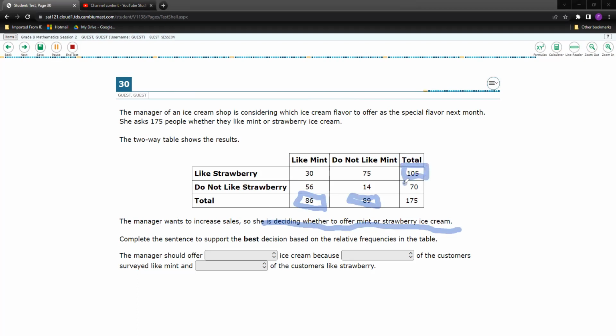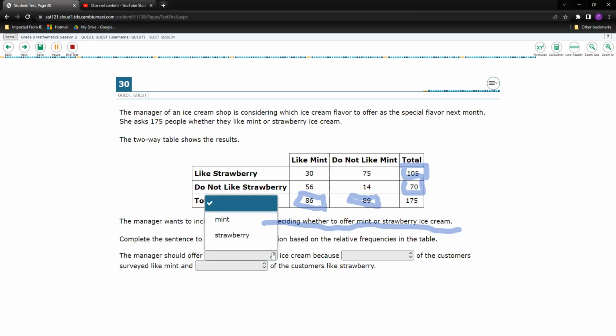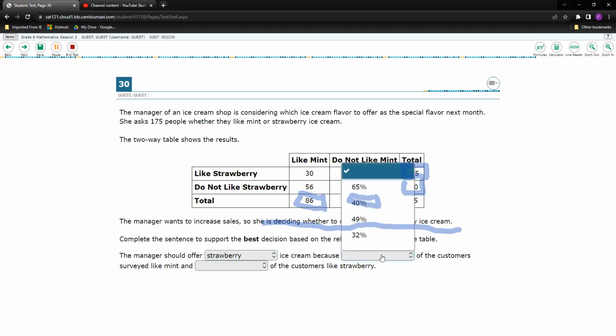Do not like strawberry? 70. So the manager should offer, pardon me, strawberry, I'm gonna say, because, oh, we need to find the percentage of the customers surveyed who like mint and the percentage who like strawberry.